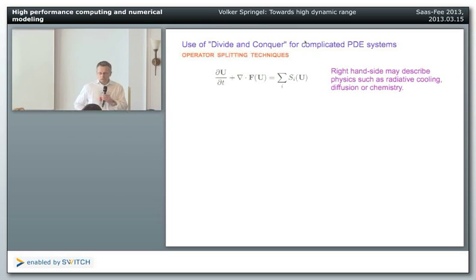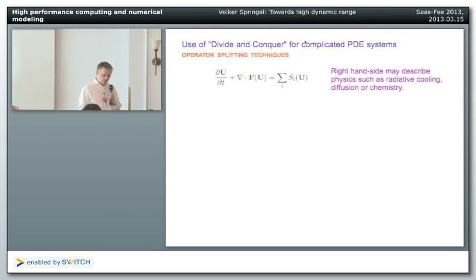If, for example, we take the Euler equations, our conservation law, on the right-hand side we can have so-called source terms describing other physics. This can be, for example, radiative cooling, diffusion or chemistry.